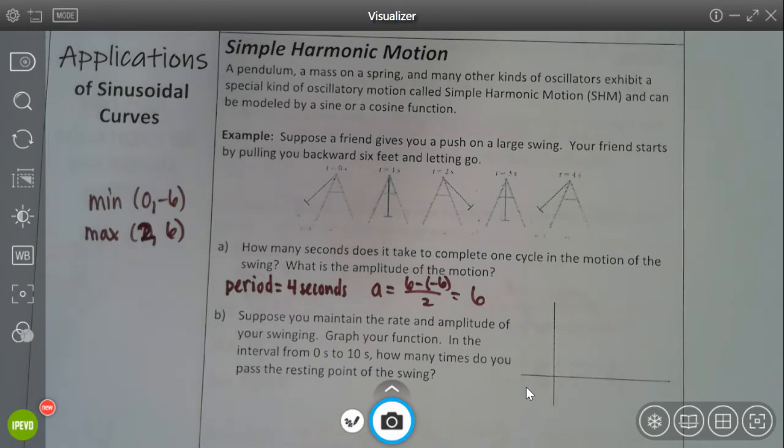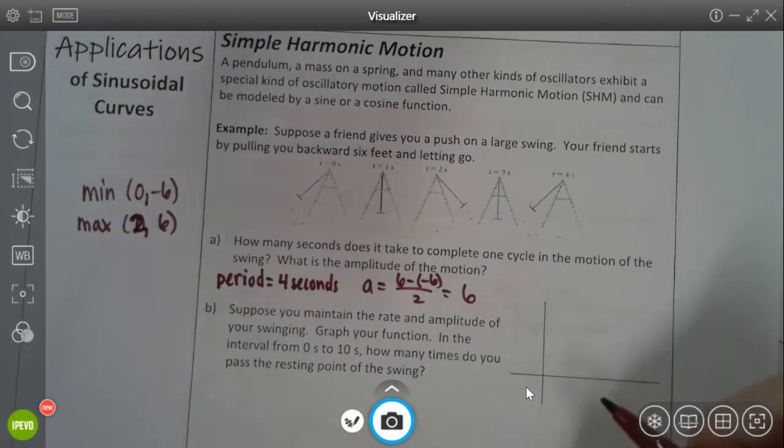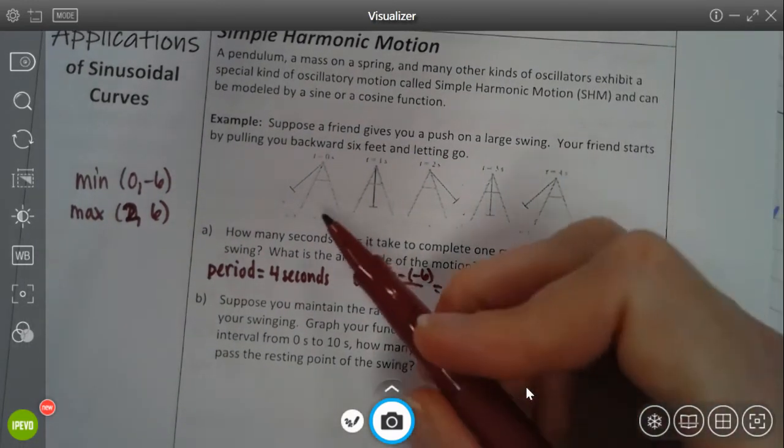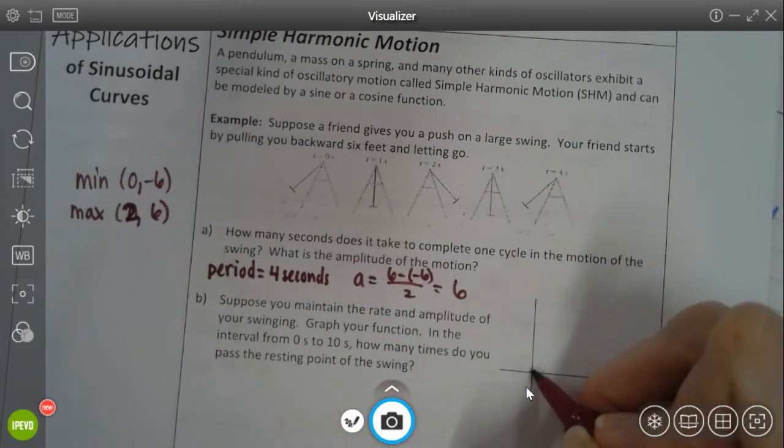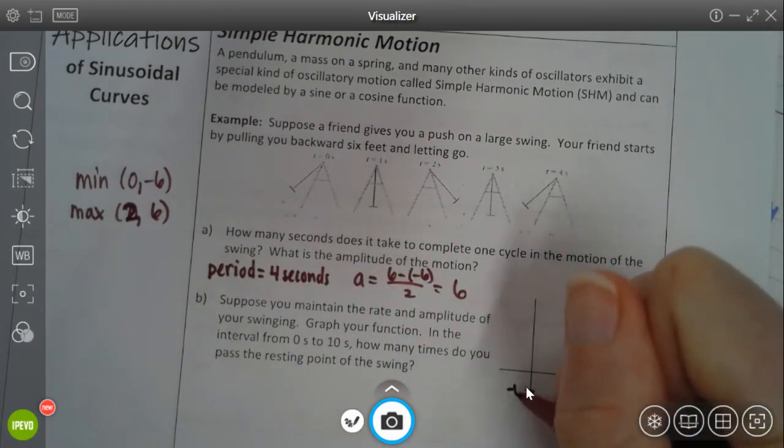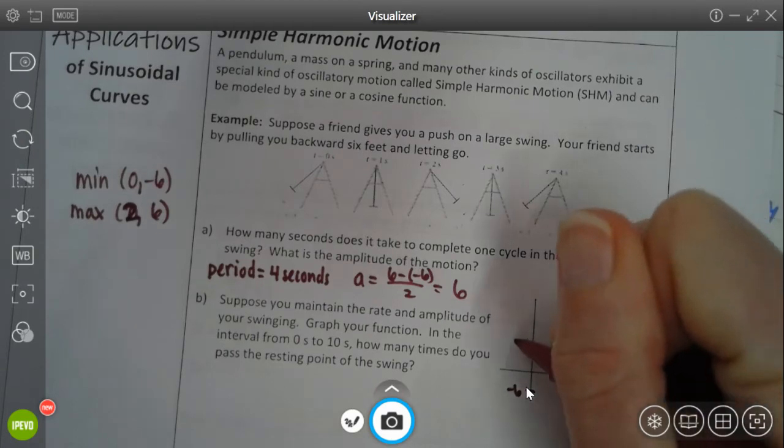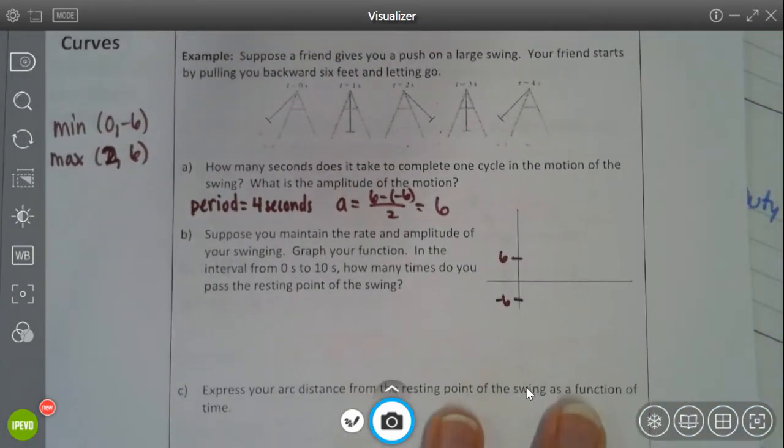So now if we want to maintain that rate and amplitude for 10 seconds, so we're going to keep on that same swing, 6 feet back, 6 feet forward. We're going to keep the same motion continuously for 10 seconds. Let's see how many times we pass through that. So again, at 0, we're at -6, which I'm going to lock down there. And then that same distance I'll lock as 6 feet. My graph is a little bit shifted there.